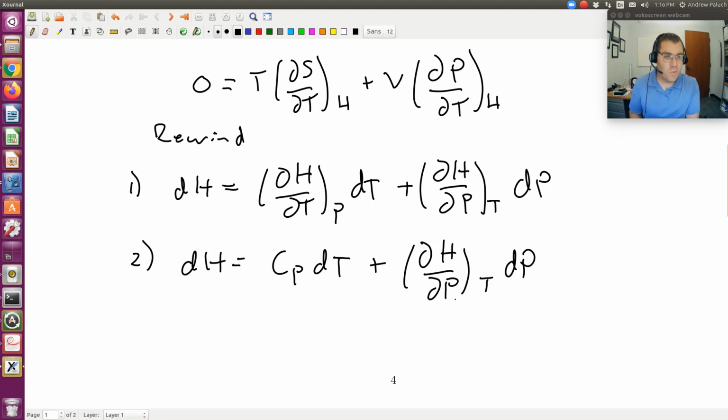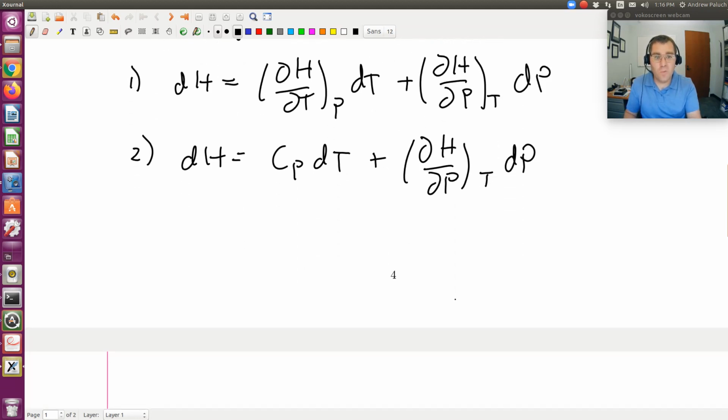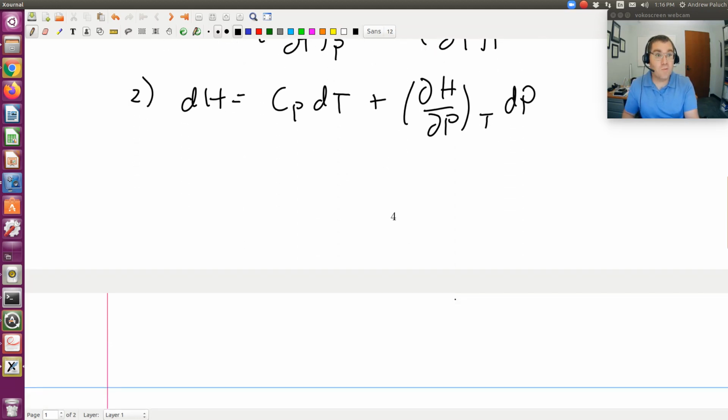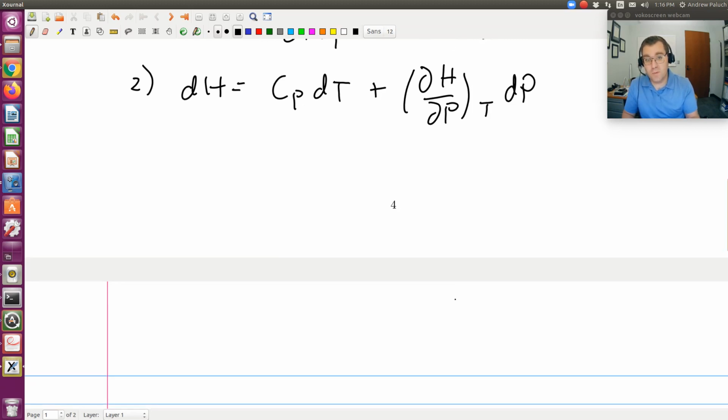I didn't have a Maxwell relationship or heat capacity relationship I could plug in for the second term. Remember, Maxwell relationships are going to relate S to P, V, and T. And so we're going to go back to our fundamental equation for H, work out an alternative expression, and see if that gives us an expression that we can work with in terms of plugging in a Maxwell relationship or heat capacity relationship. Okay, so since we had it above, dH is TdS plus VdP.